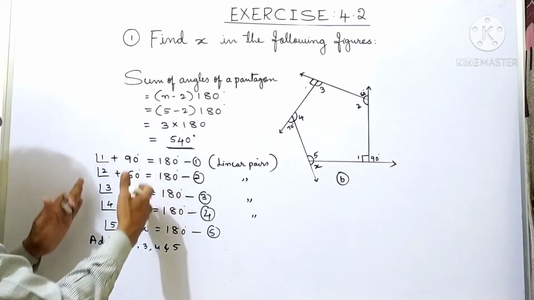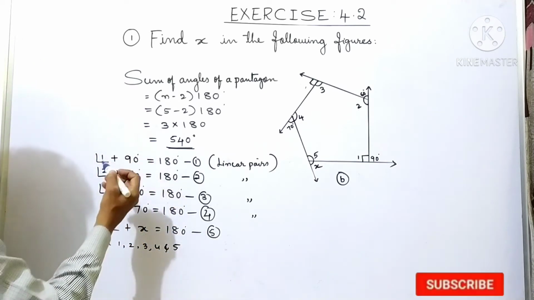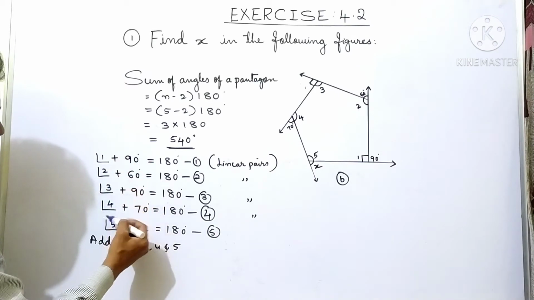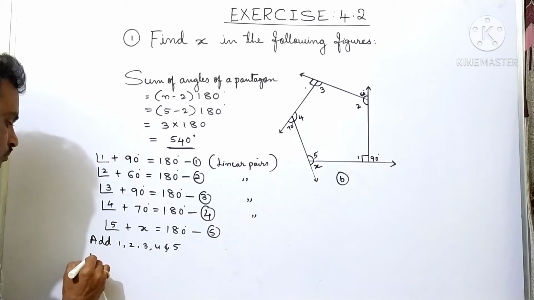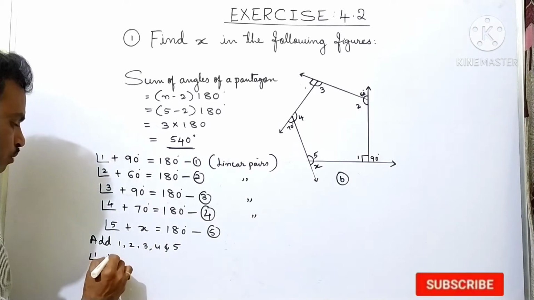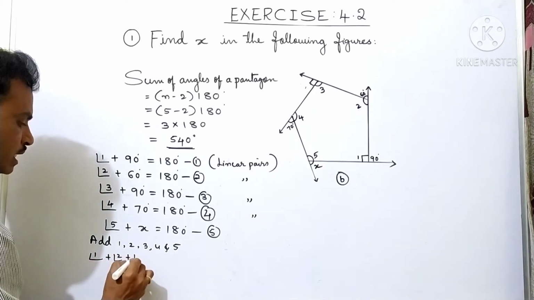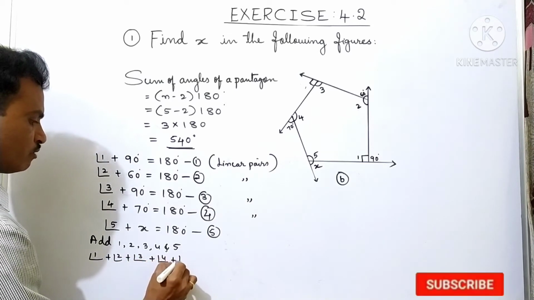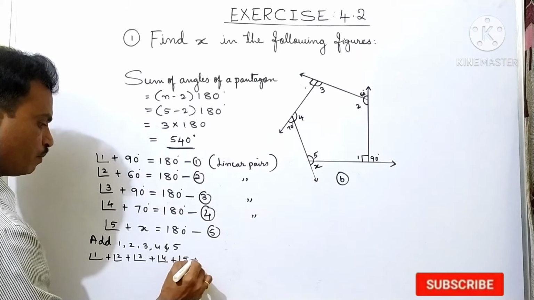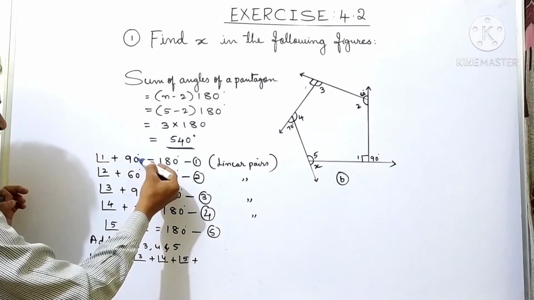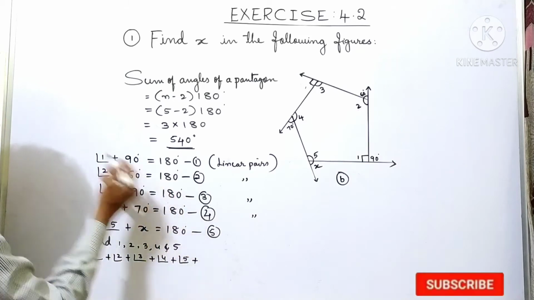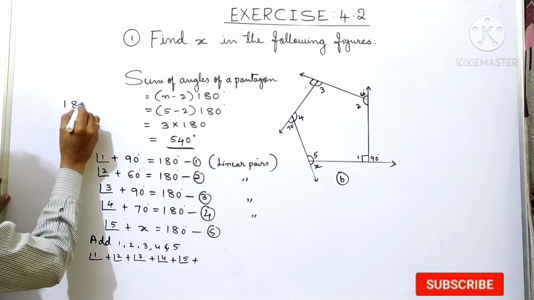So first we should add LHS side. We will take angle 1, angle 2, angle 3, angle 4 and angle 5 one side. Angle 1 plus angle 2 plus angle 3 plus angle 4 plus angle 5, then plus, should add all this. So 90 2 times, that is equal to 180.